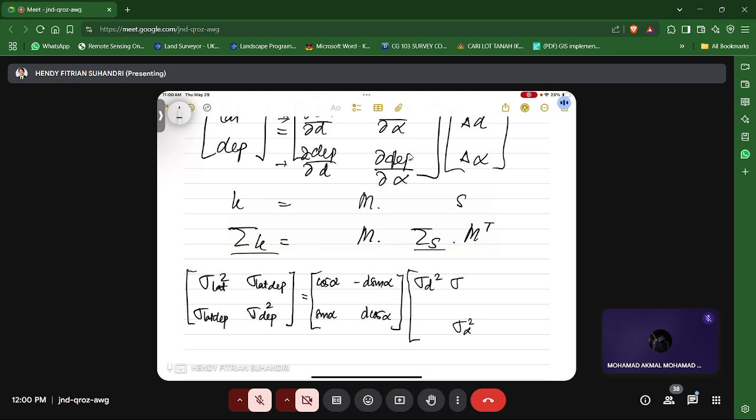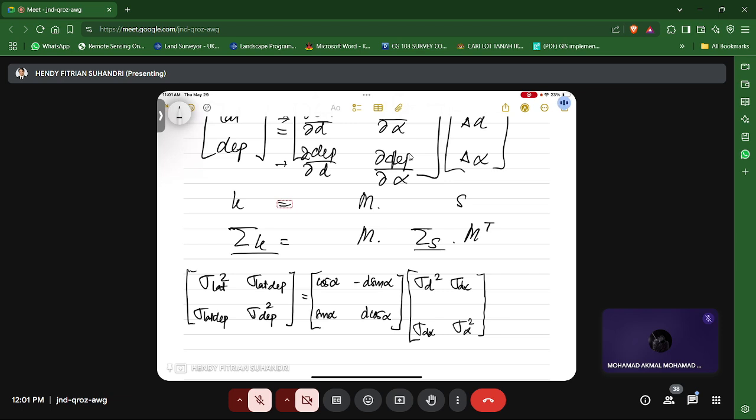Inilah hubungan covariance antara D dan alpha, sigma D dan alpha. Perhatikan di sini, sebab dia ada D dan alpha, maka sebaiknya alpha ni nanti dalam radians. Supaya tak bercampur-campur antara D adalah dalam meter, alpha nanti dalam angle, salah dia nanti.